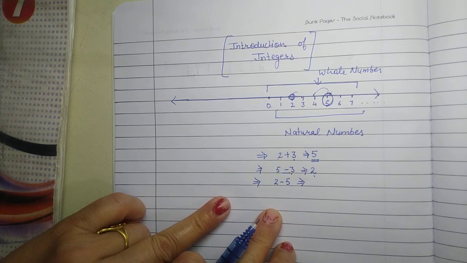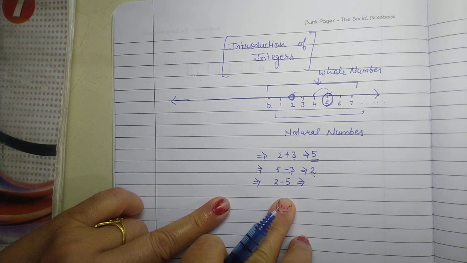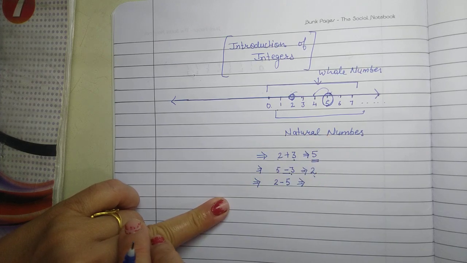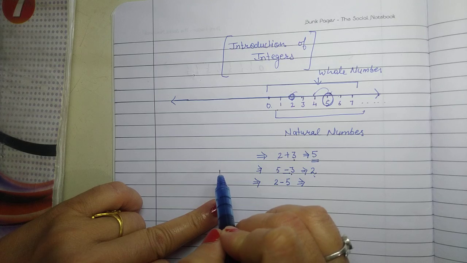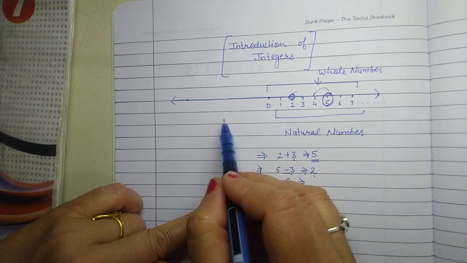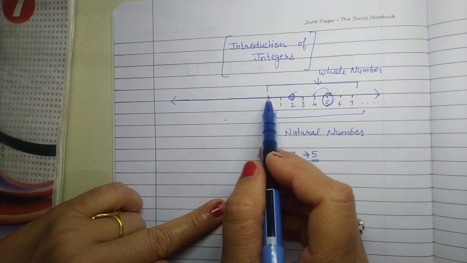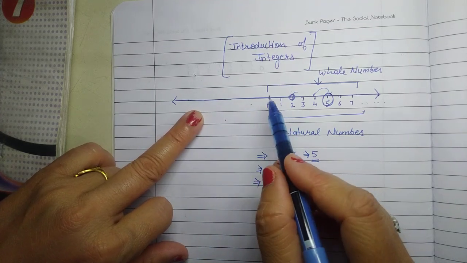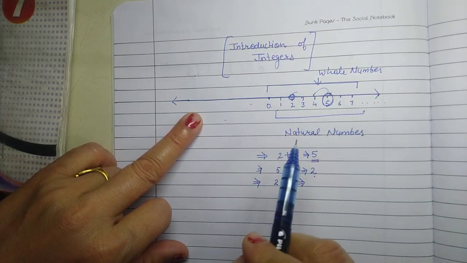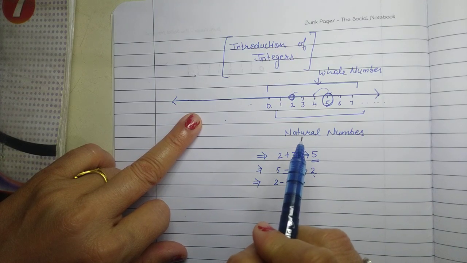Because we have learned to represent the natural numbers on the number line, and we don't know the numbers beyond 0. That means we don't know what number will come before 0. We know very well what numbers we write after 0.